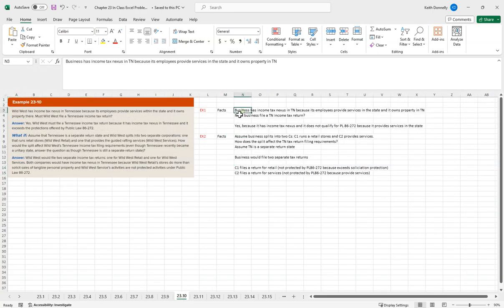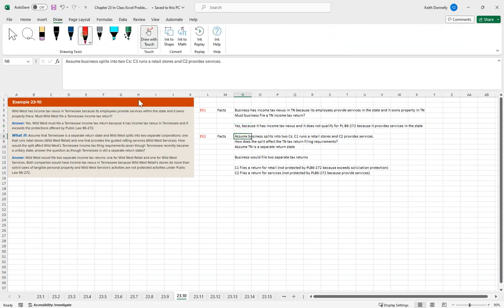A business has income tax nexus in Tennessee because it employs and provides services in that state and it owns property. Must the business file a Tennessee income tax return? Well, yes, because it has income tax nexus and it's not protected by PL 86-272. Now here we're catching up to the standard.